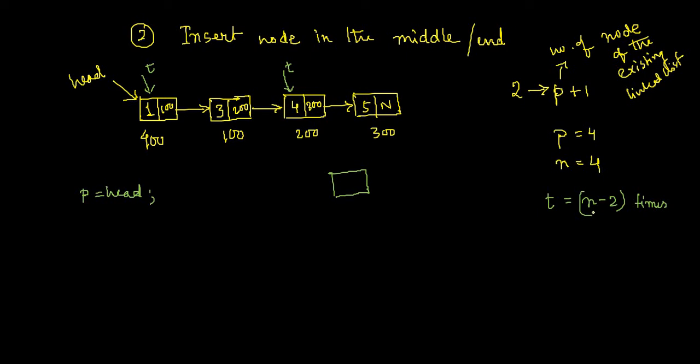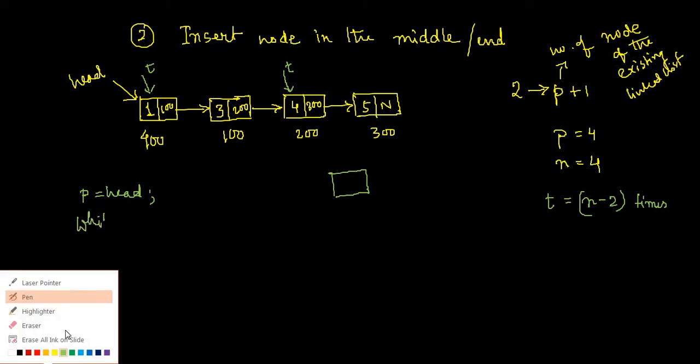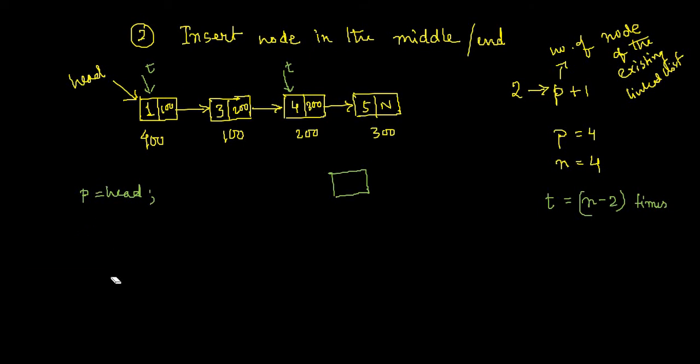So somehow you have to write a loop that will execute n minus 2 times and T will change its position. It's very trivial. You can easily write while I less than or equal to n minus 2, where I starts from 1.